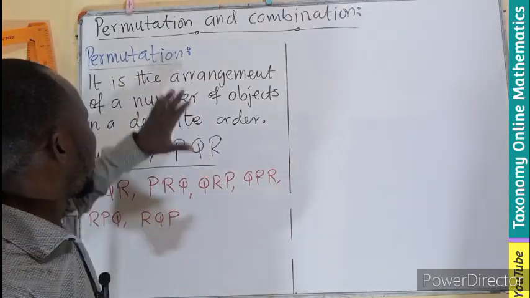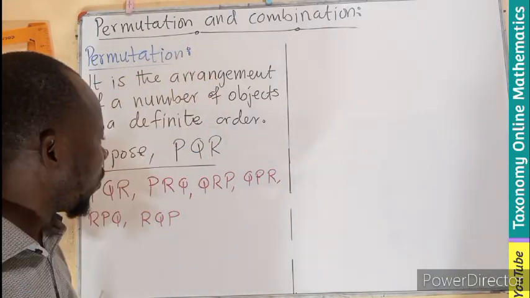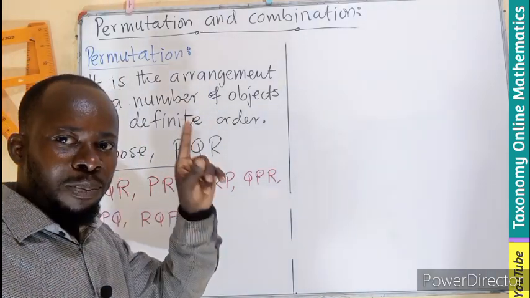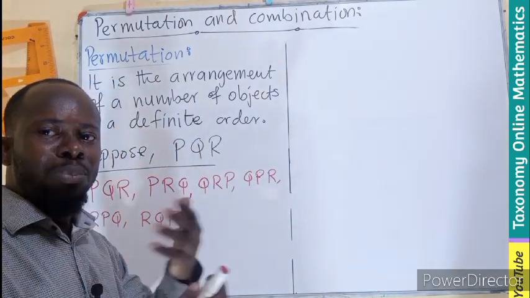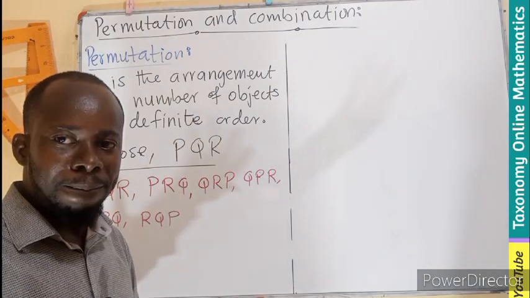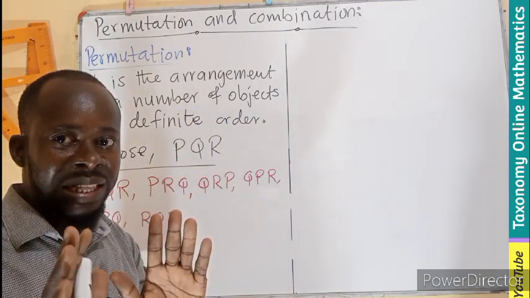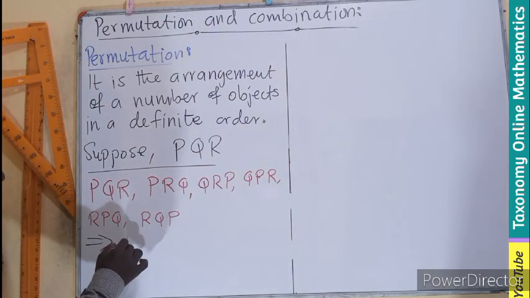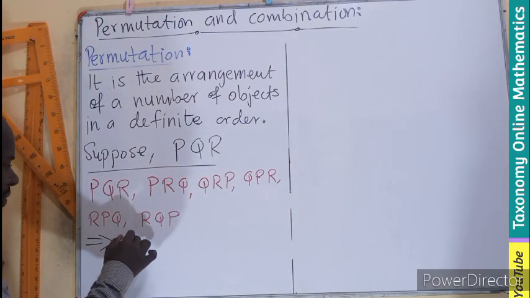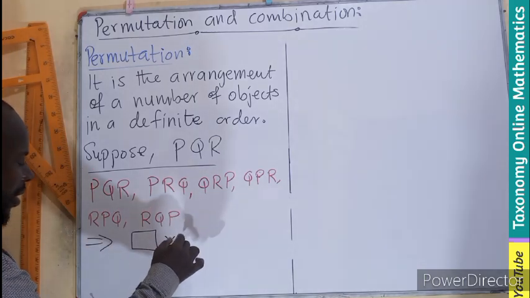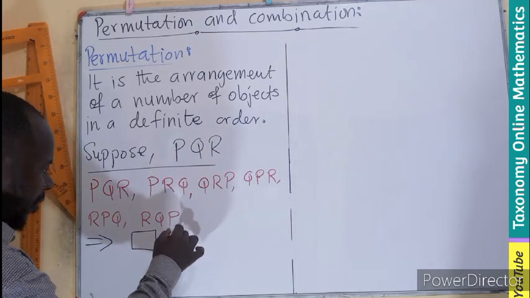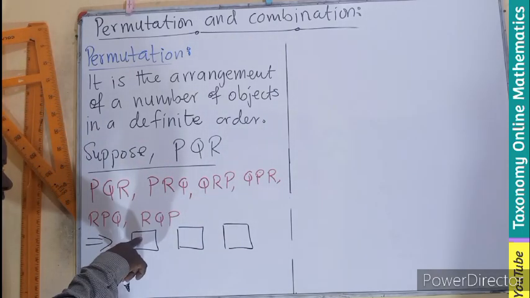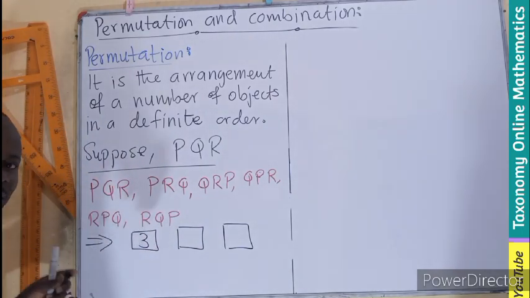So by permutation definition, if I am going to arrange these 3 letters, if I pick the first letter, how many possible ways can I pick the first letter? There are 3 ways I can pick the first letter because there are 3 letters. So in this, the first slot, I have 3 ways of selecting it.